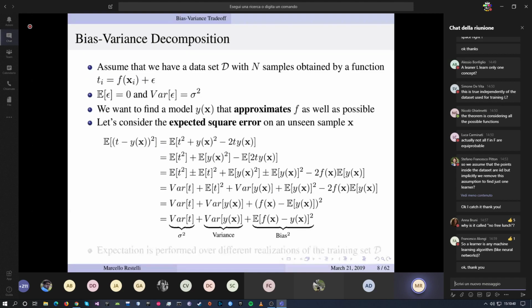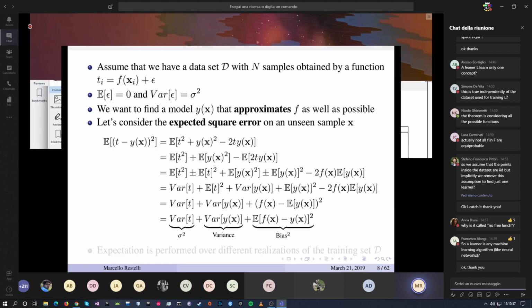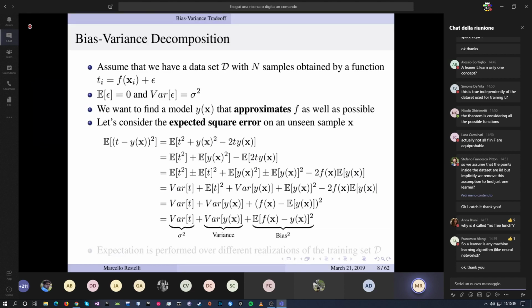So it is the error that you make even when you know f, because you have seen that f is the true function. But even if you predict f, the target values that you see are obtained by summing f with the noise epsilon.